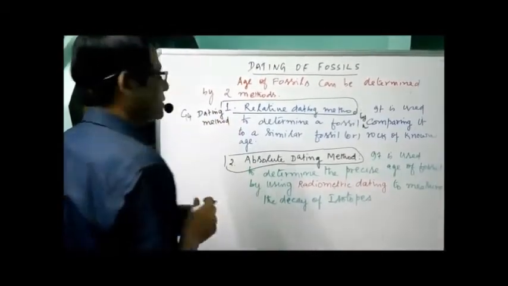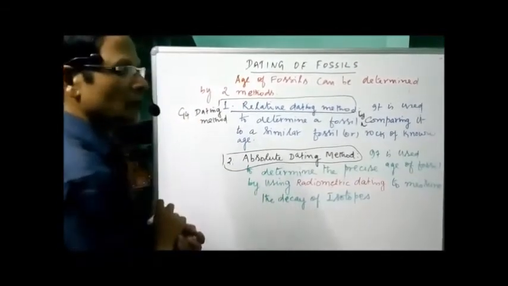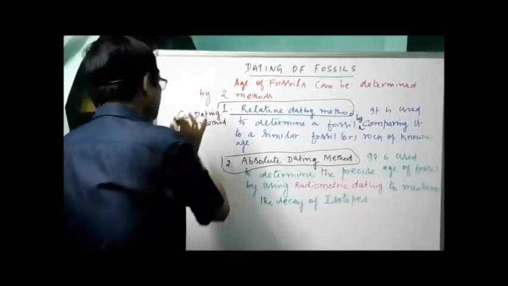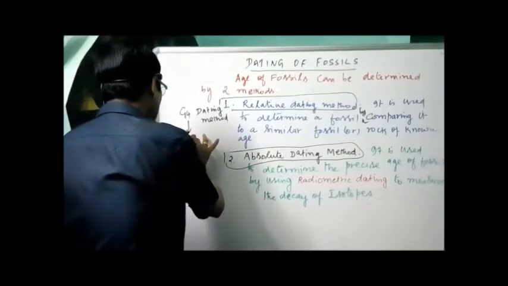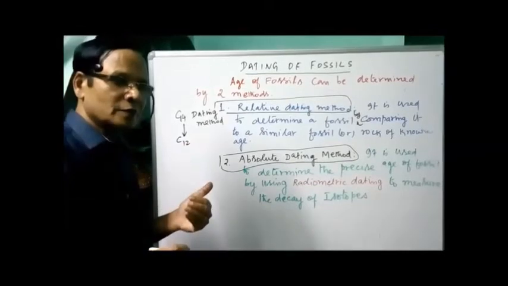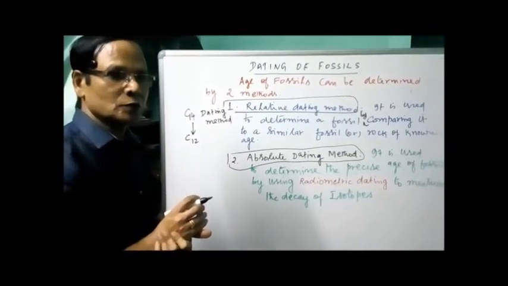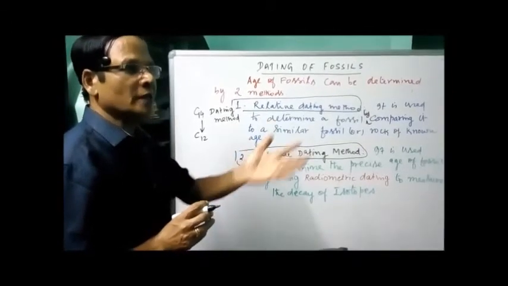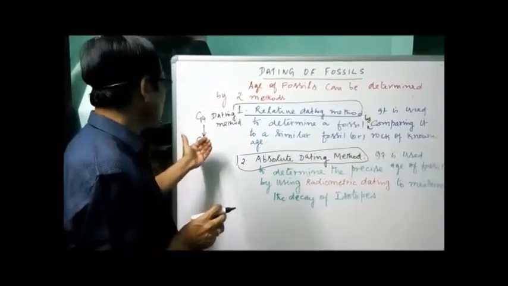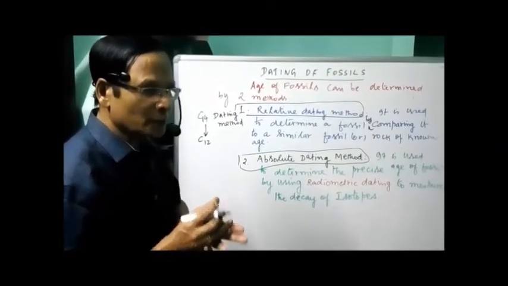So carbon-14 is an unstable, radioactive isotope. When it becomes a stable isotope, a specific quantity, half of the given amount of that radioactive isotope, undergoes decay to become a stable one. And that is calculated as the half-life period.